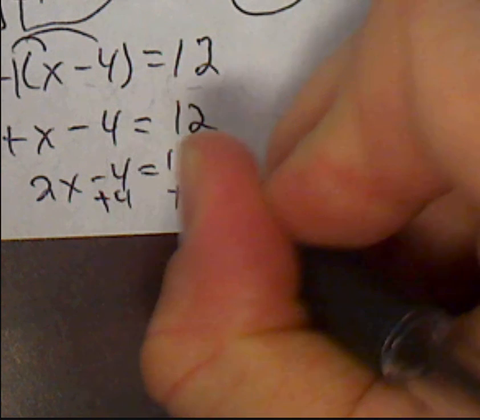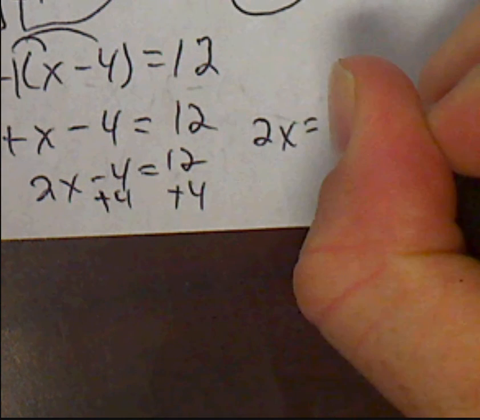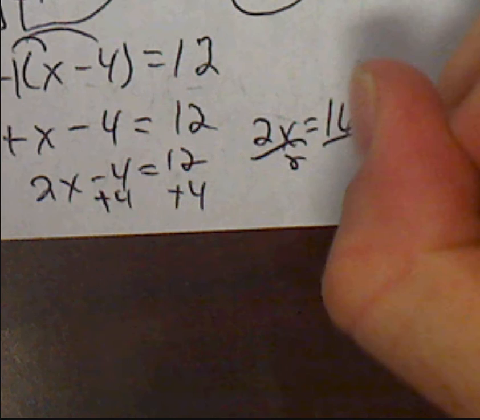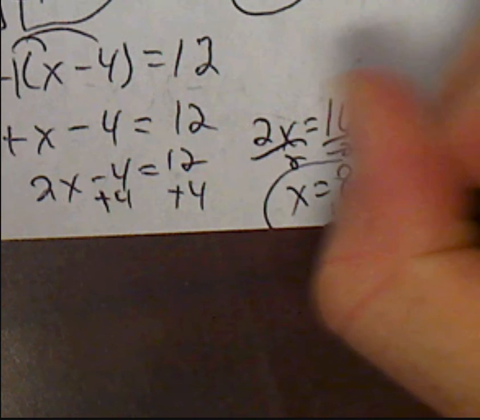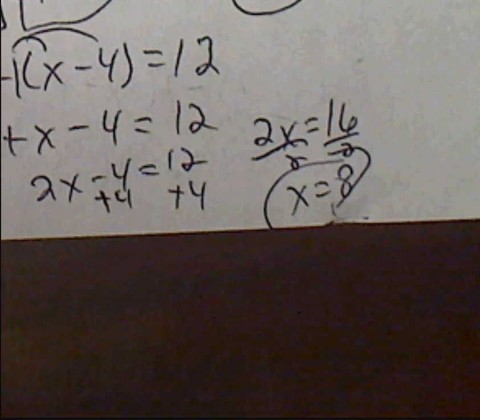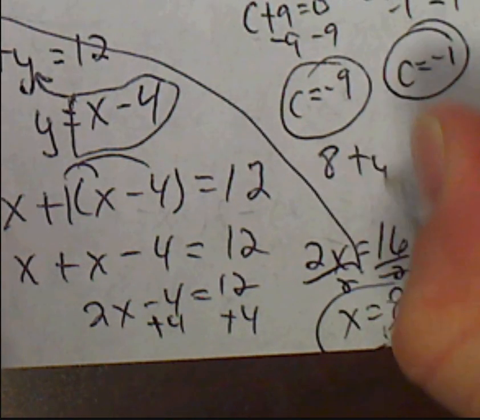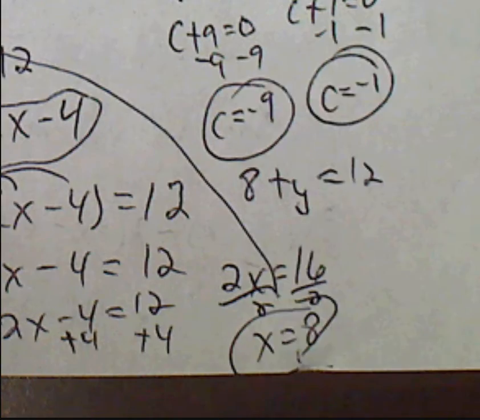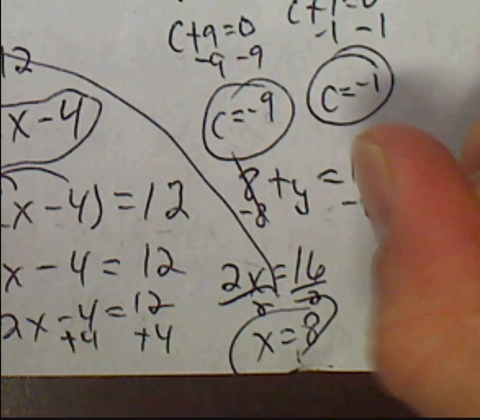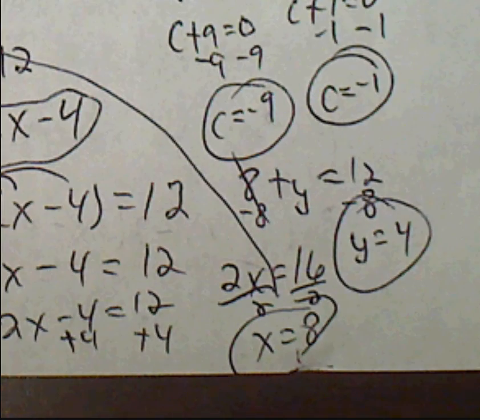Add 4, 2x equals 16. Divide by 2, x would be 8. If I know x is 8, I'm going to plug that back in. So that would give me 8 plus y equals 12. I'm going to subtract 8 from both sides. Y equals 4.